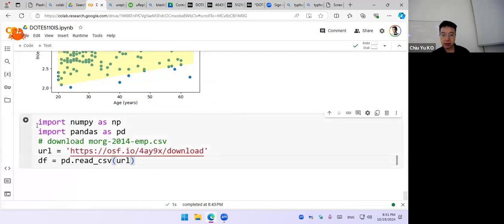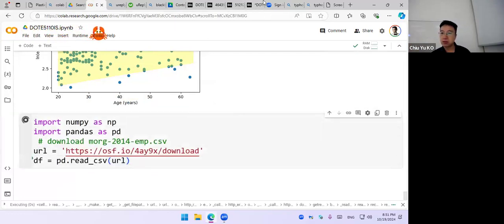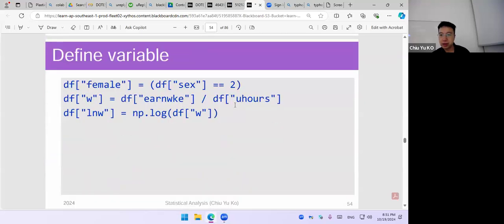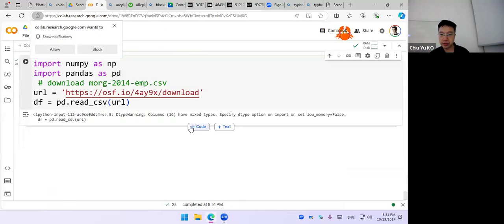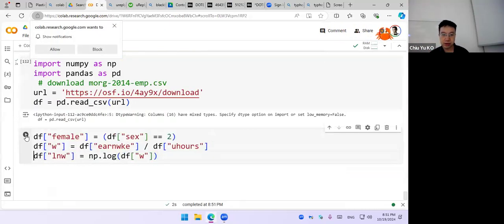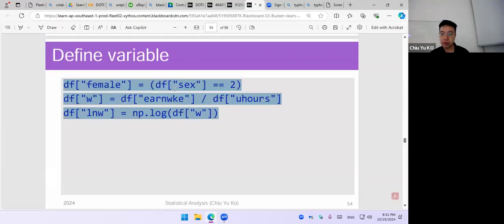I think that doesn't require me to explain. This is the same as before. We have the female indicator and hours, and log wages is what we're interested in. So this is the data we know already, and this is code we're not going to explain.